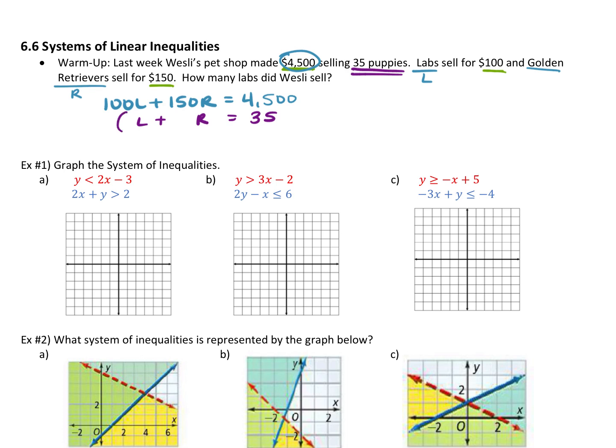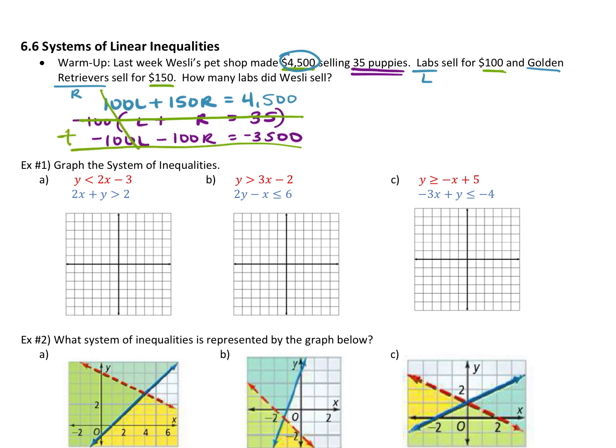So this whole thing, I'm going to multiply by a negative 100. So that's going to get me negative 100L, negative 100R, and negative 3,500. So what I'm going to do is just ignore this whole line and combine these two.